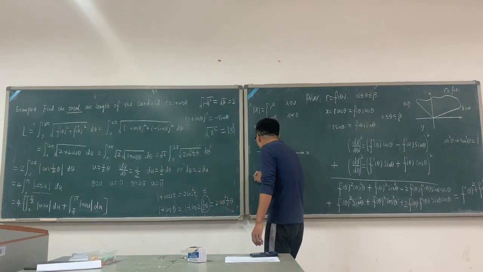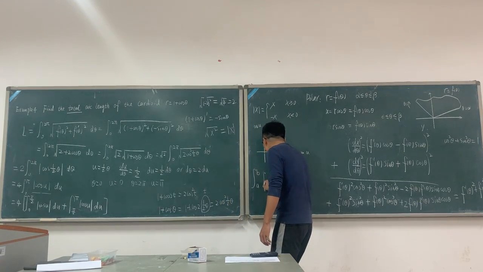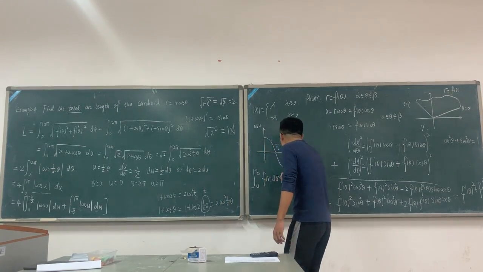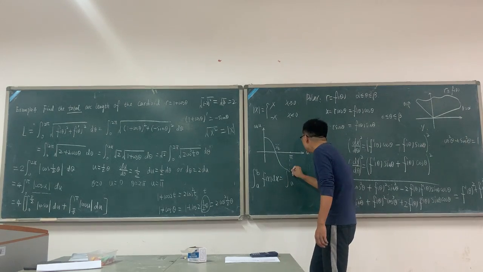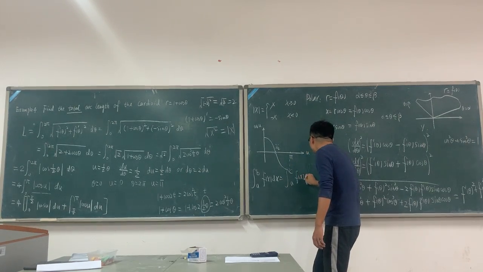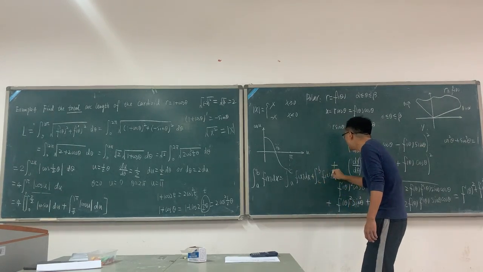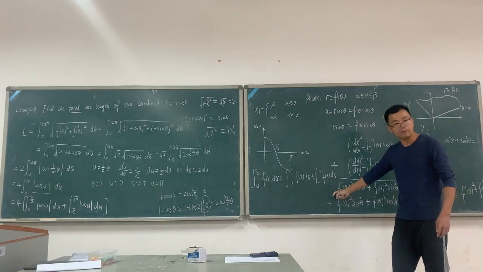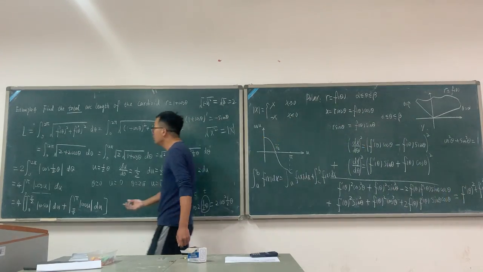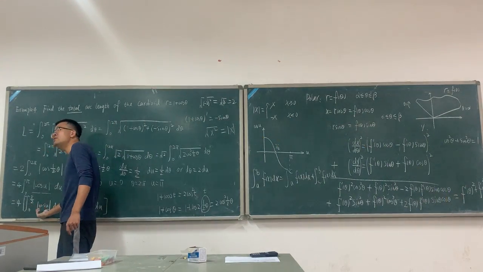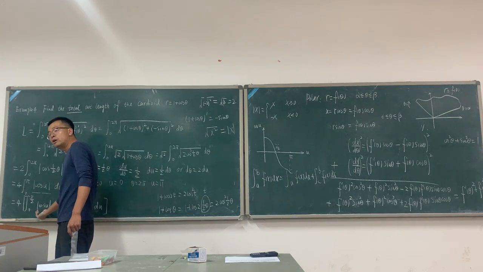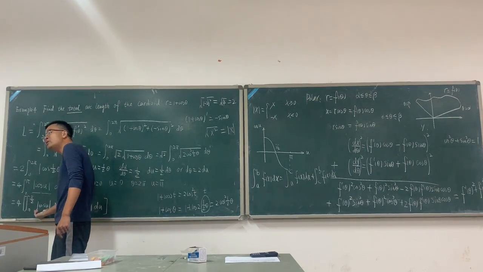Here we use this formula: the integral from a to b of f(x) dx equals a to c plus c to b, yeah? So now, in this subinterval, cosine u is positive, so the absolute value of cosine u equals what?